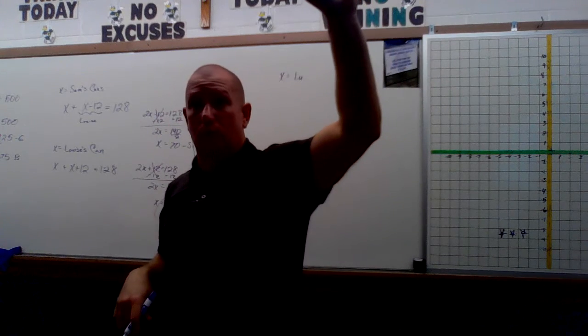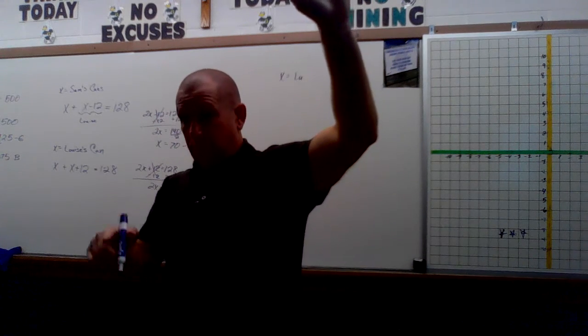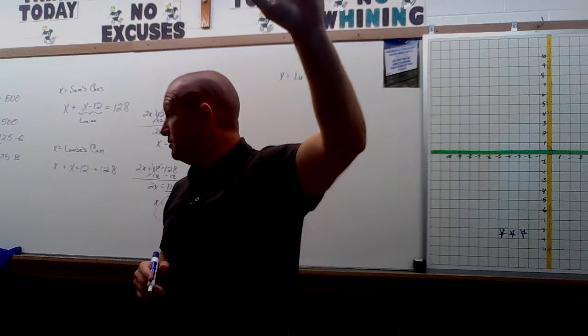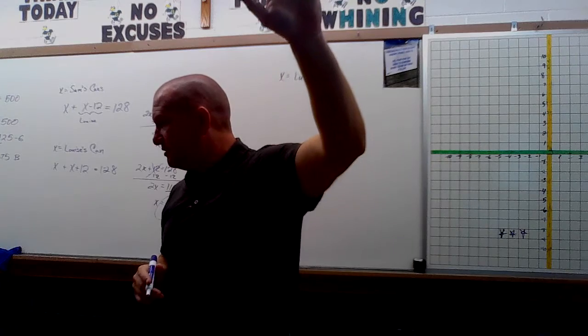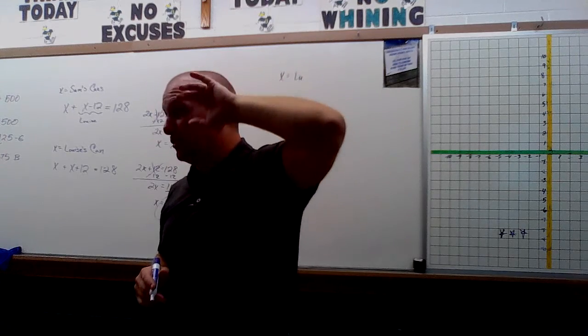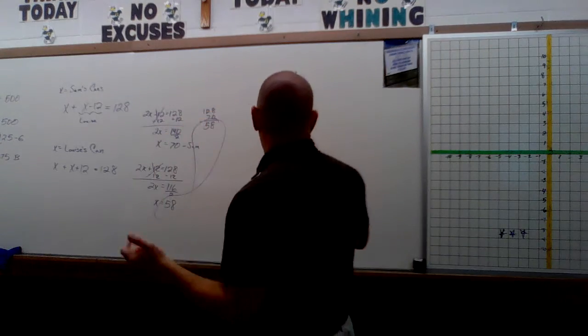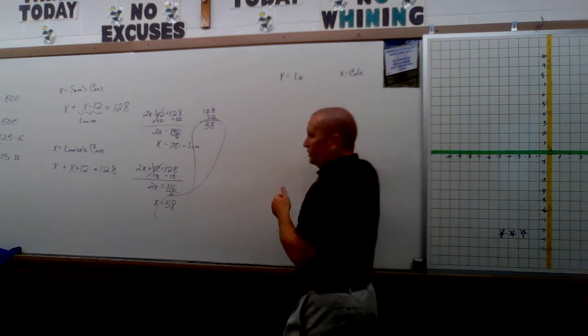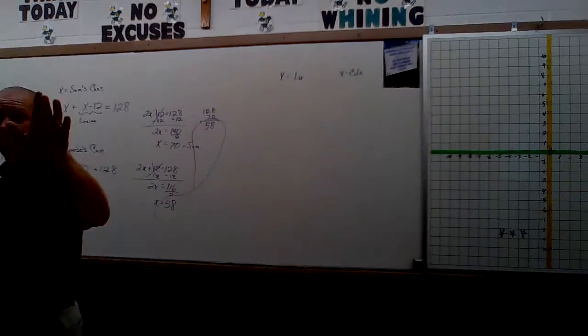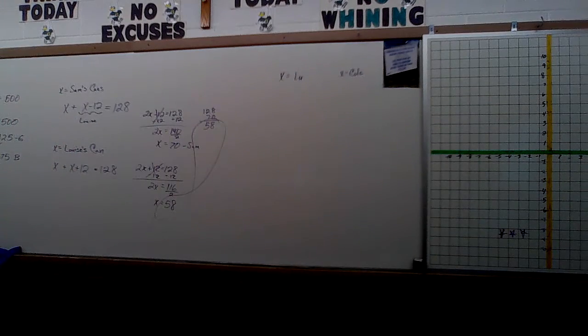Anybody make Cole X? You did both of them? How's that? You did it both ways, you mean? Yeah. Oh, okay. So Miley did it as X is equal to Cole. So again, her equation will be just a little different, but eventually we should get the same answer, right?